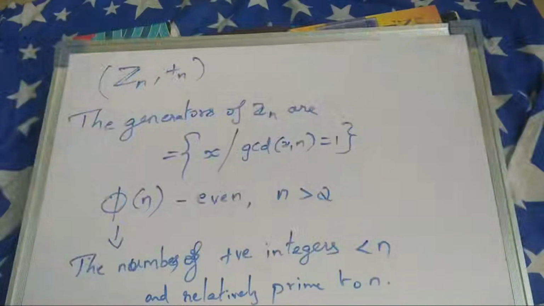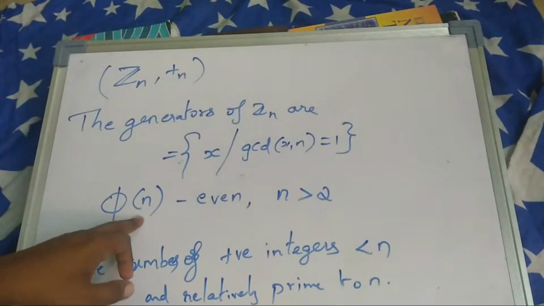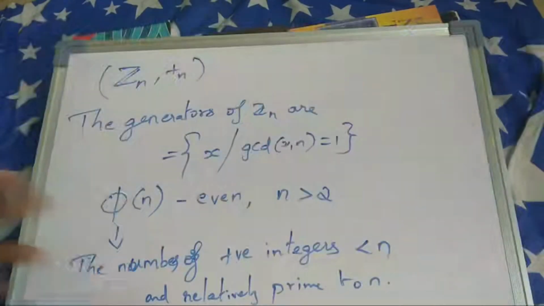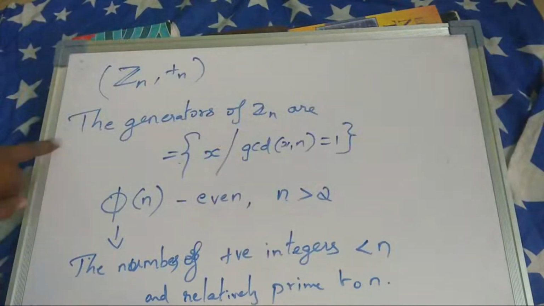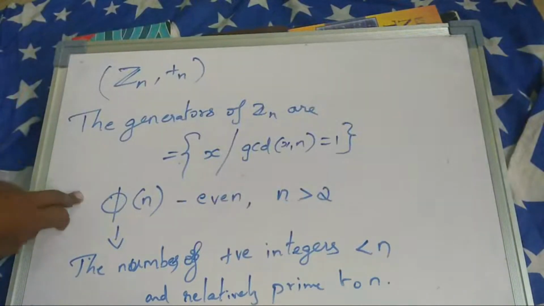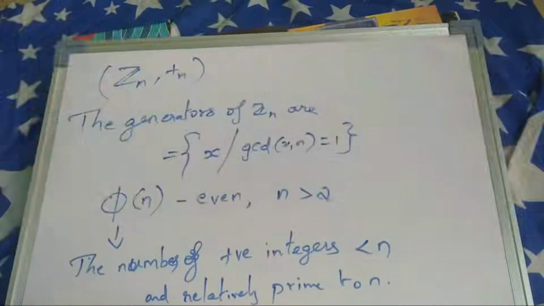Phi of 1 is not defined. Phi of 2 happens to be 1, and for every positive integer greater than 2 it happens to be an even number, and this is the number of generators of Zn. So the generators of Zn are the numbers relatively prime to n, and the number of generators is phi of n.